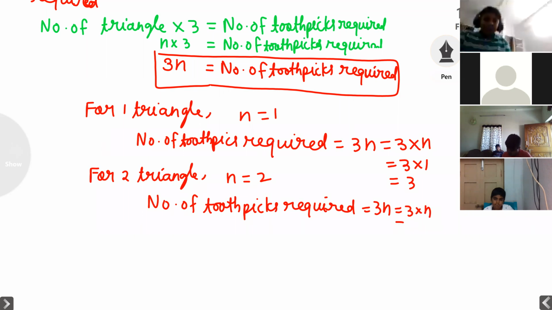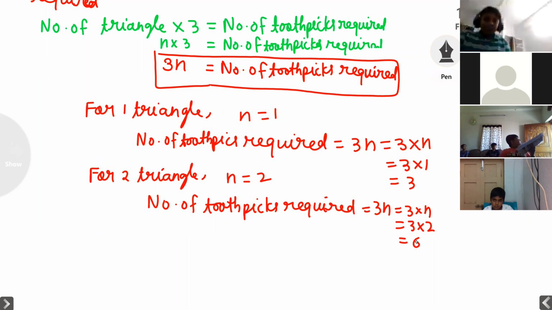The value of n is 2, so 3 twos are 6. If I want to draw two triangles, 6 toothpicks are required. If I want to draw one triangle, then 3 into n is equal to 3.